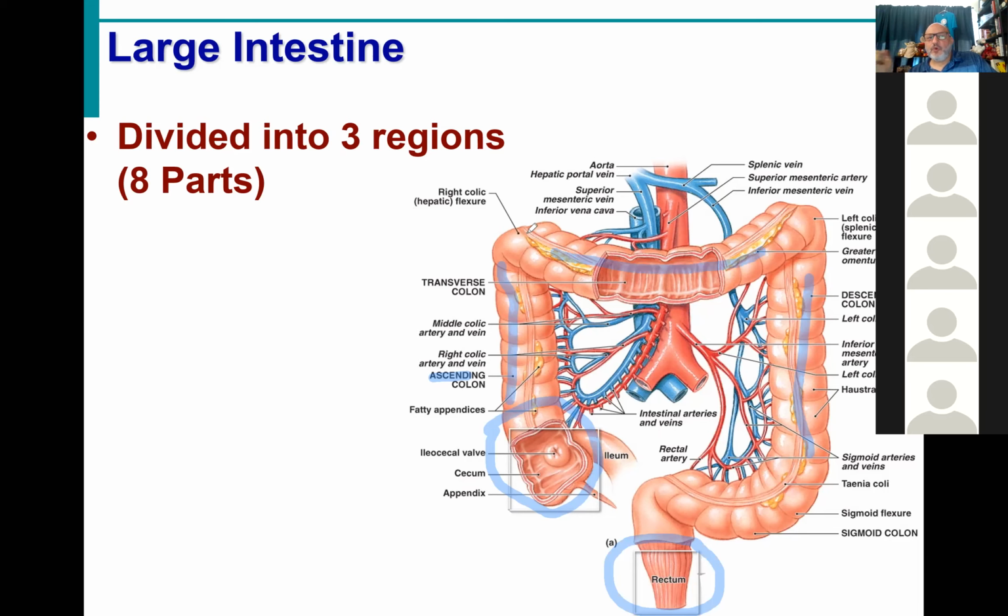And we have the 2 curvatures to it. This first curvature here is the right colic flexure, because it is the bend in the colon on the right side of the body, but it happens to be next to the liver.